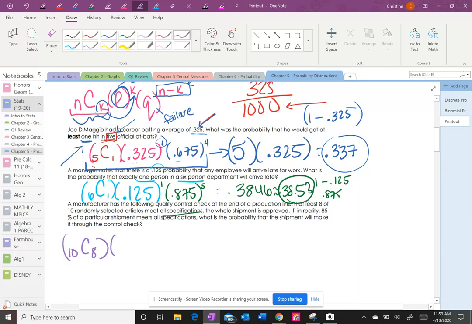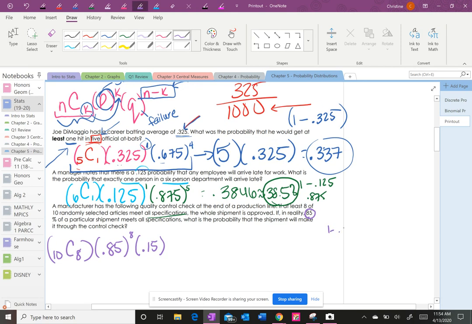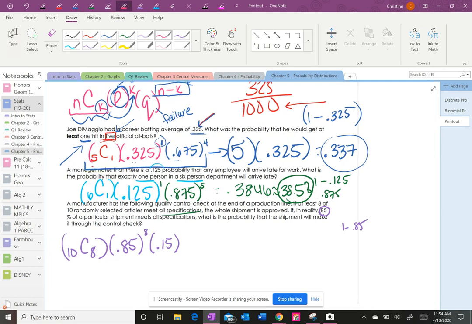The probability that it's successful is 85%. How many times do you want it to be successful? 8 times. The probability it fails is 0.15. That's 1 minus 0.85. How many times do you want it to fail? You want it to fail 2 times because 8 and 2 makes up 10.